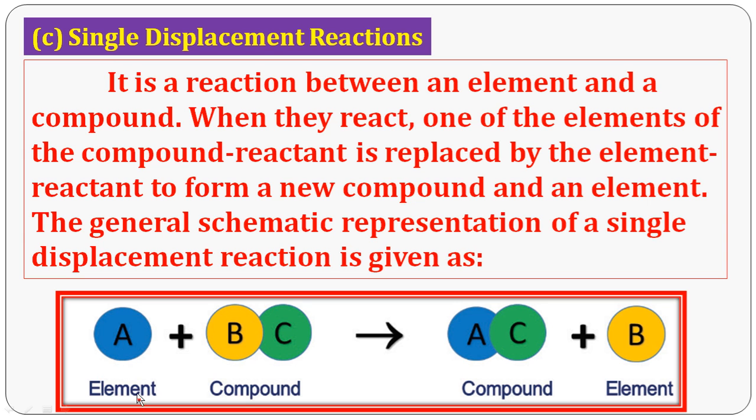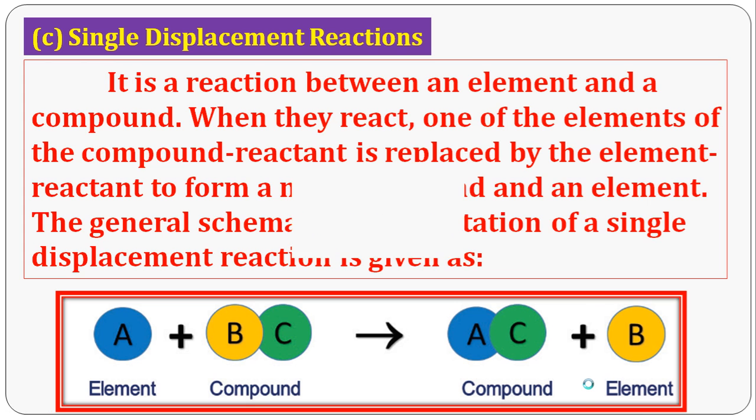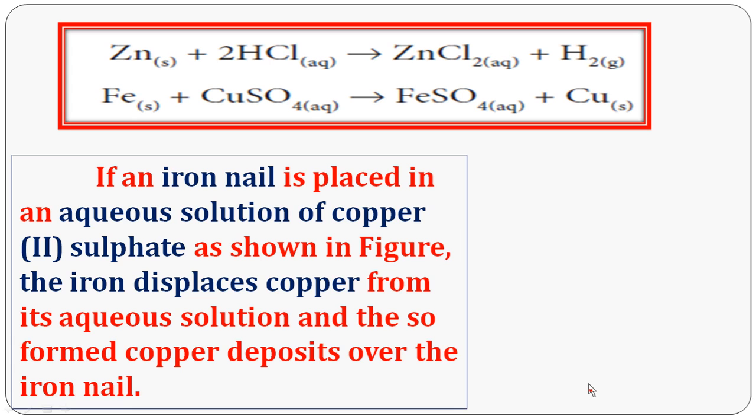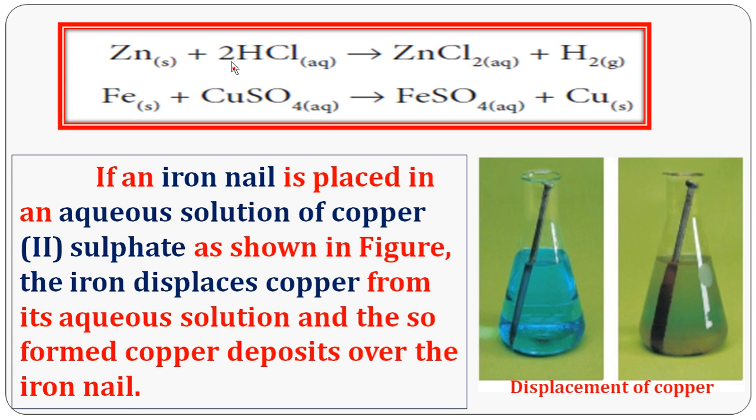Element A plus compound BC gives compound AC and an element, that is B. For example, zinc metal reacts with hydrochloric acid to form zinc chloride with the liberation of hydrogen gas.